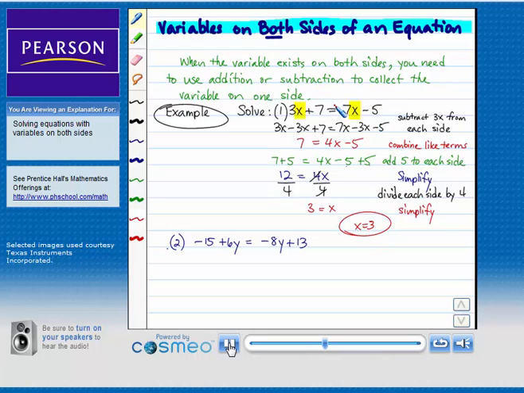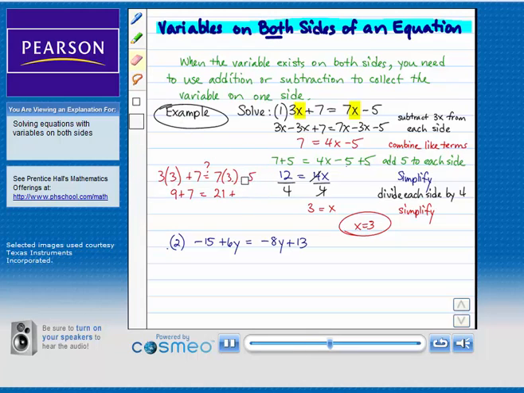And then, of course, you can go back and check to see whether or not that is the answer by plugging in the value: 3 times 3 plus 7 equals 7 times 3 minus 5. And let's just put a question mark there to see whether or not that's true, because we're checking the equation. So 3 times 3 is 9. 9 plus 7 is equal to 7 times 3 is 21 minus 5. Sorry, that should be a minus 5 there.